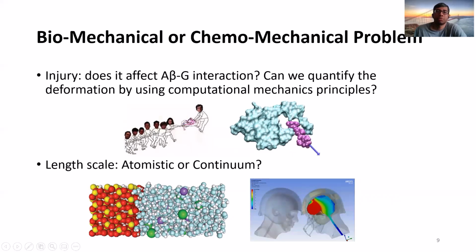But if your system is too big, we'll probably have to leave the atomistic approach and go to continuum level modeling or an experimental approach if it's appropriate. So it's very important to really think through your problem to find the most appropriate solution.